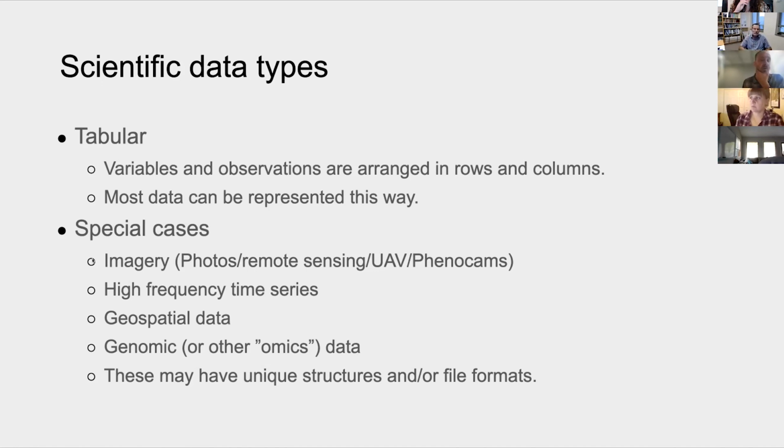It's more frequent to be collecting imagery data now. That could be photos from a phenocam, remote sensing data, UAV data. It's quite a bit more common to be collecting high frequency time series in a data logger. That could be happening at a flux tower or just a plain old weather station.